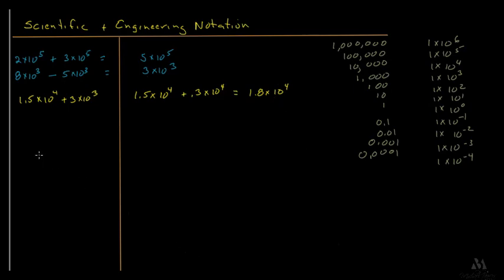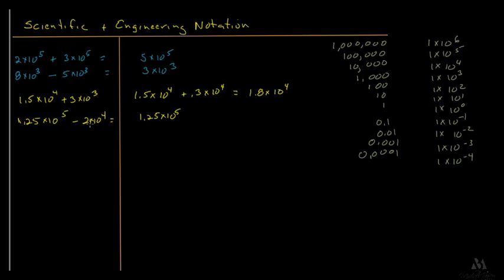Let's do the same thing with a subtraction example. 1.25 times 10 to the fifth minus 2 times 10 to the fourth. We need to get these to the same power of 10. And so let's just leave the 1.25 the same, 1.25 times 10 to the fifth.